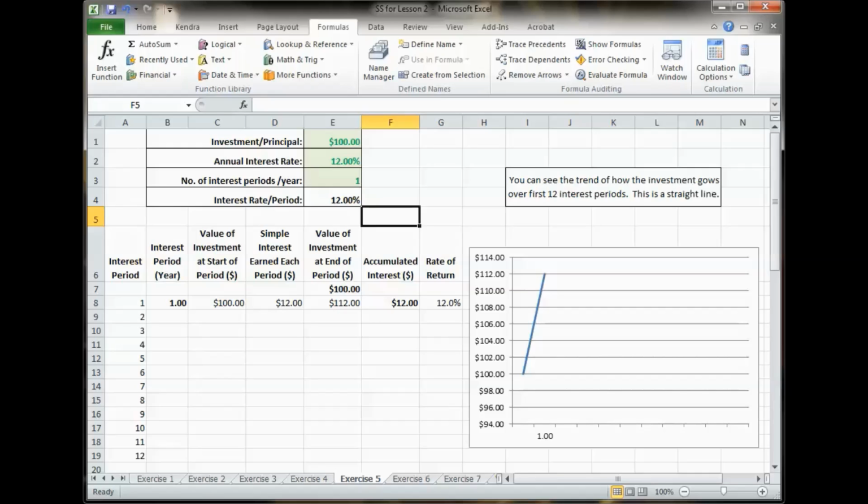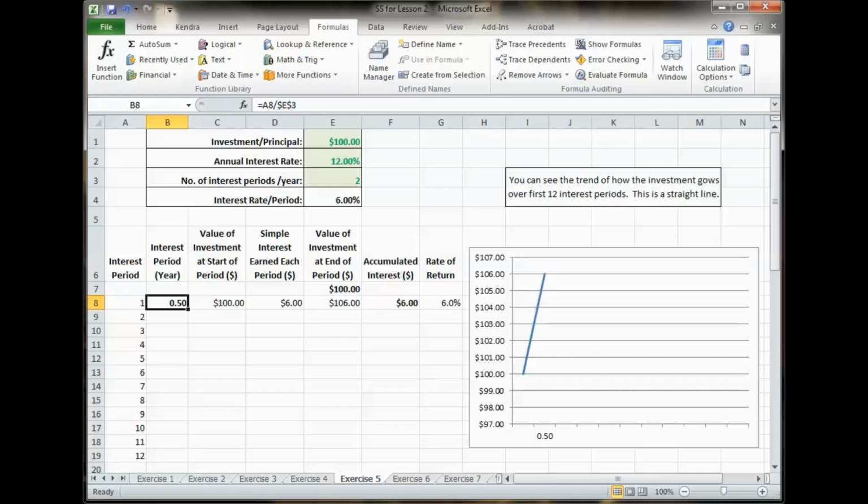Now, just taking a look at our formulas here, we're going to be looking at one really big change here that we haven't seen before. If you notice, we're only collecting 1 time per year, so each of these interest periods are representing a year. Just for this case, I'm going to change this to 2 times a year.